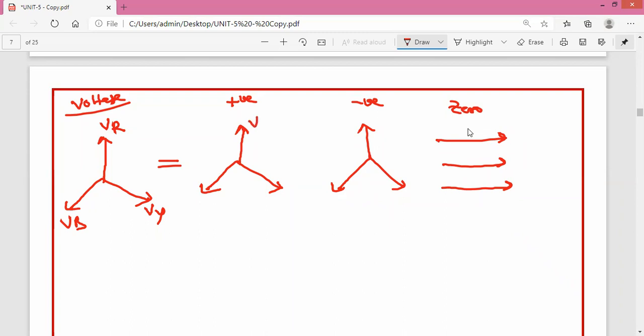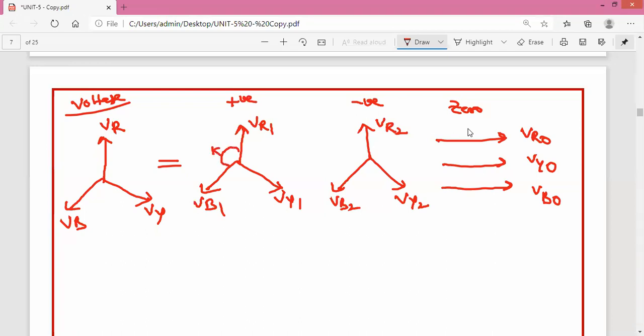So VR can be represented with VR1, VR2 and VR0. VY can be represented with VY1, VY2 and VY0. Similarly, for B phase, VB1, VB2 and VB0. Positive sequence components are displaced by 120 degrees, so this is a and this is a squared, 240 degrees.